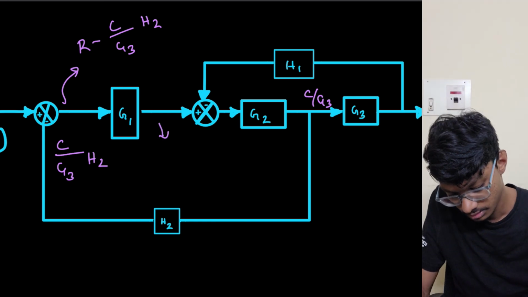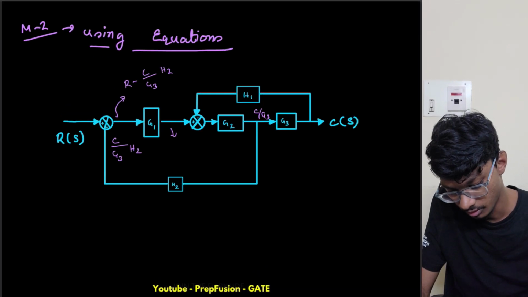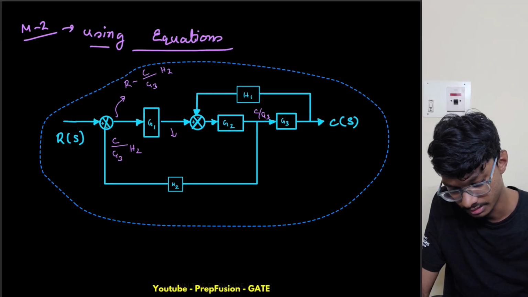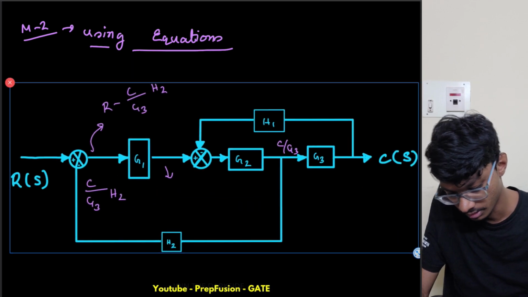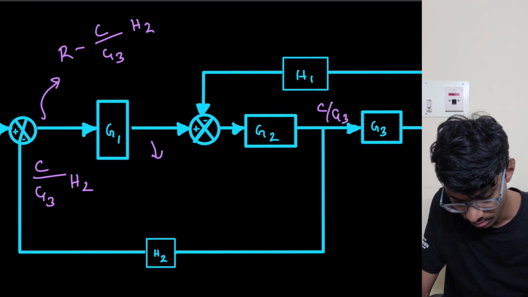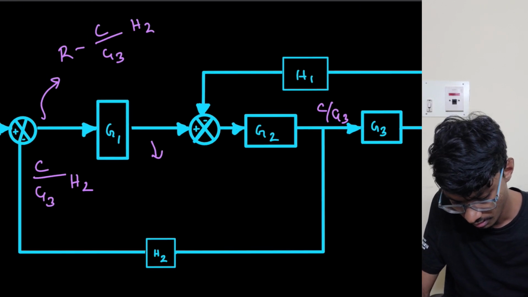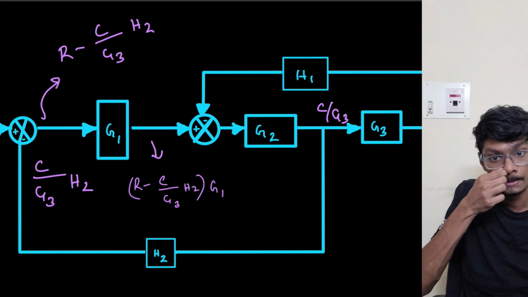We're running out of space, so you have to make your block diagram bigger so that you get enough space. So this point will be R minus C by G3 times H2 times G1.